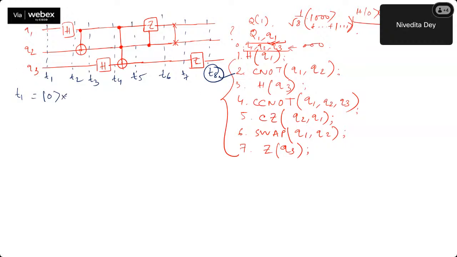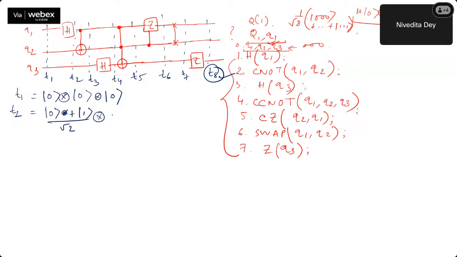So at T1, it's 0, 0, and 0 because I have 3 qubits. So we will always start with this notation. Then at T2, what we are doing, Hadamard on Q1. As of now, let me not write the amplitudes because this will be very big. So I will be just writing the quantum state, except the amplitude, 1 by root 2. Okay.